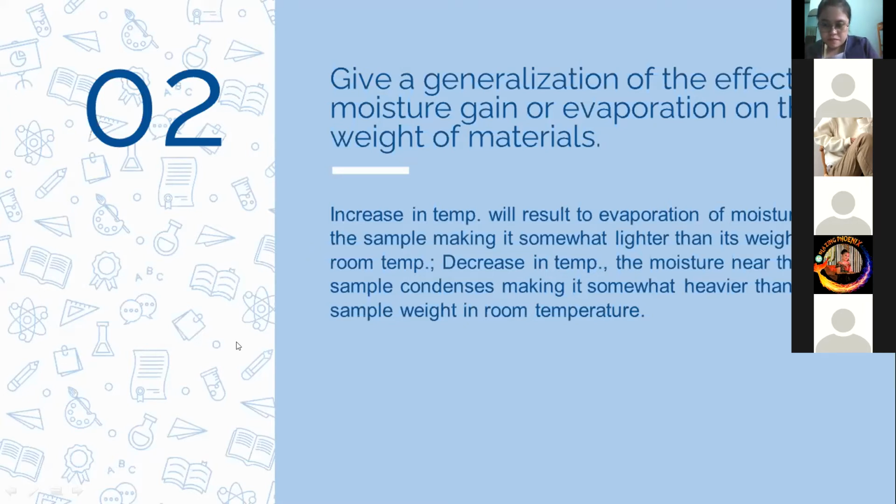Though the difference is not that big, it depends on the material, but according to what I read, it is somewhat lighter. And as well as if the temperature decreases, the moisture will condense, so it is somewhat affected as heat compared to the sample weight in room temperature.